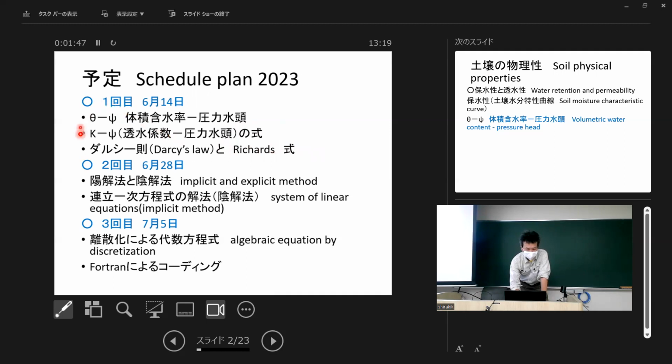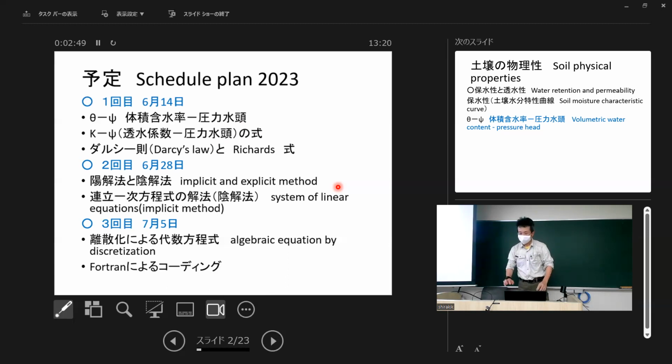So today is just the introduction to these three. The next, the second session, is numerical calculation. There are suspiciously named methods, the explicit method and the implicit method, which we'll cover in the second session. For the implicit method we need to solve simultaneous linear equations, which is a bit tedious, so we'd like to study that part. The second class is next week, and we would like to learn about the implicit method and the explicit method. It is a little bit confusing, but this is a kind of method for time marching by delta t, by implicit and explicit.